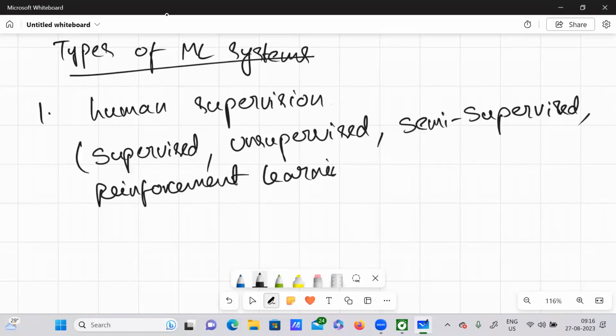Okay, so these are all the learning systems here: supervised learning, unsupervised learning, semi-supervised learning, and also reinforcement learning. So these are all the machine learning algorithms depending upon the human supervision. Whether algorithms are trained with supervision or without supervision, depending upon the type of human supervision, these have been classified as below.